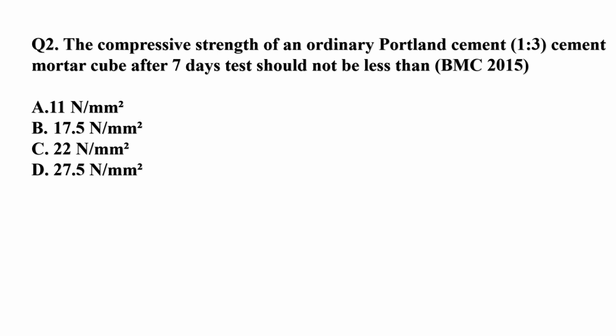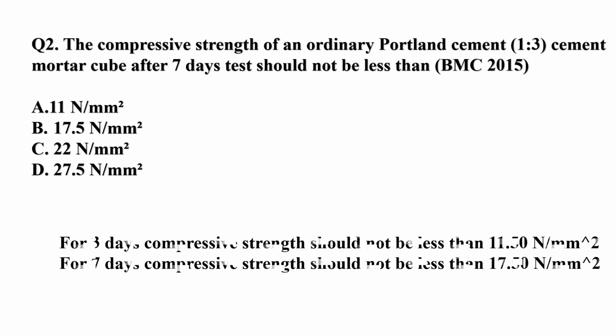And in case of 3 days, the cement mortar cube after 3 days test should not be less than 11.50. So remember this also, after 3 days the strength should not be less than 11.50 Newton per mm square, and after 7 days the compressive strength should not be less than 17.5 Newton per mm square. So option number B is correct.